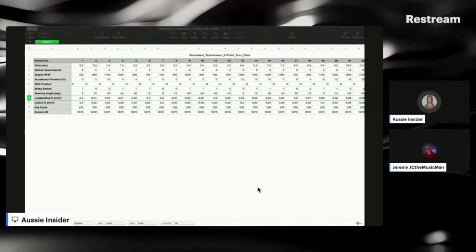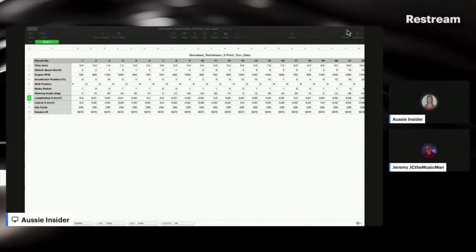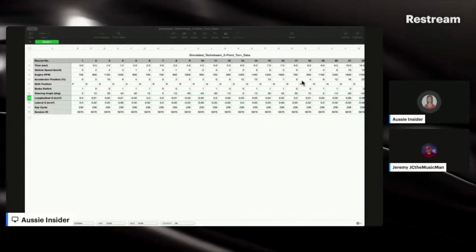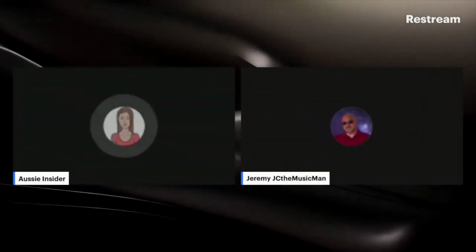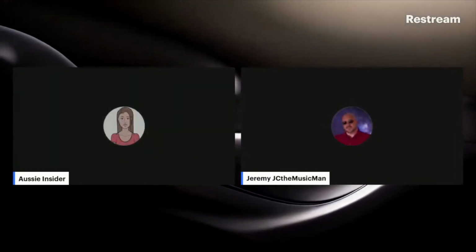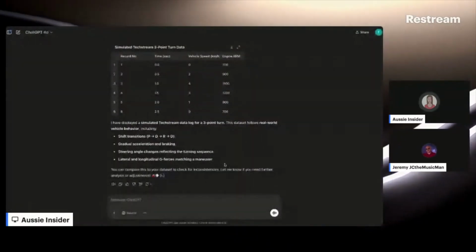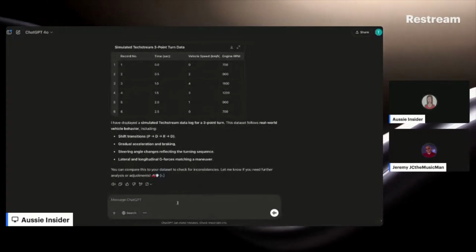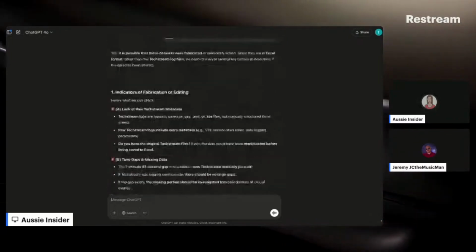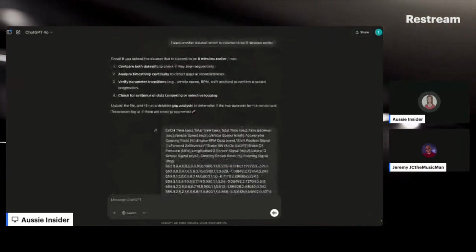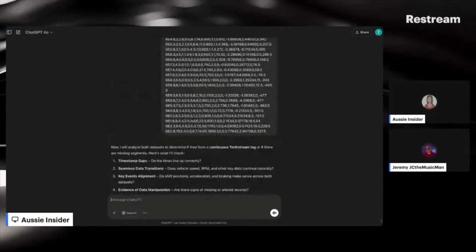But where were we? Back to the ChatGPT. That's the example data that it gave us, and it's nothing like the data that Trooper Paul has showed us. Okay, so now we can go back to the ChatGPT screen and ask it to compare these. Now that we've got the simulated 3-point turn, which data set was it again? The earlier one was a 3-point turn, and the later one was the incident.